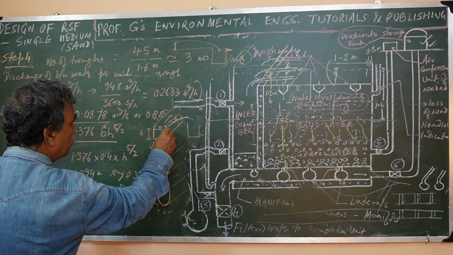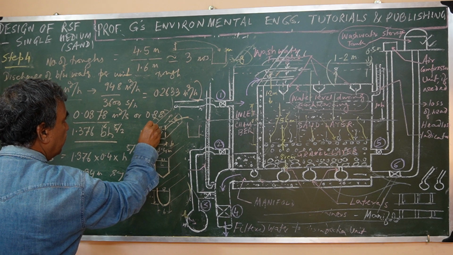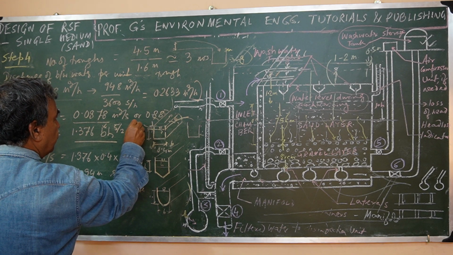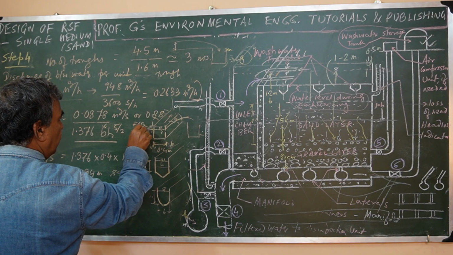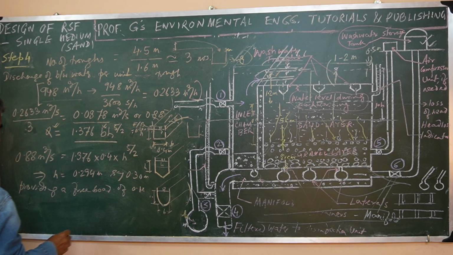0.1 meter, that means freeboard means here, this freeboard of 0.1 meter. So overall depth comes as 0.4.